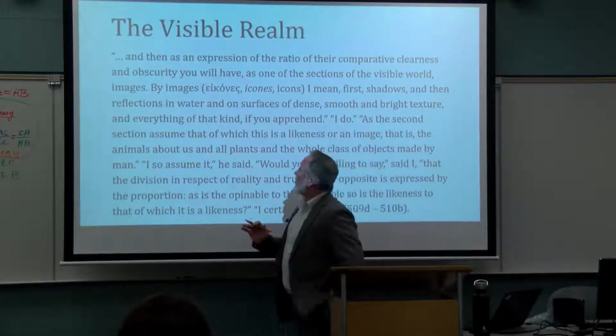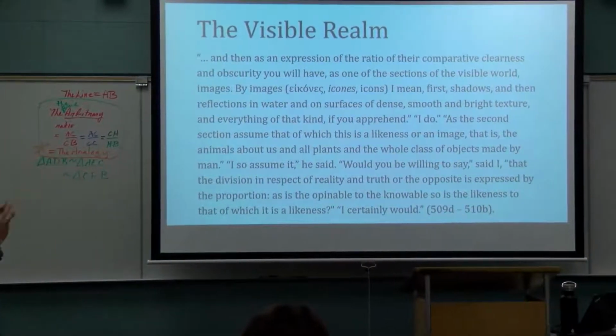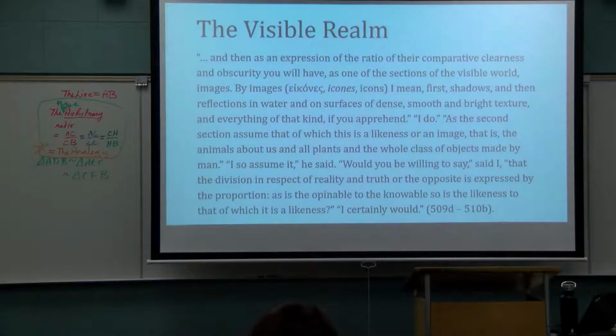And so in the visible realm, we want then, as an expression of the ratio of the comparative clearness and obscurity, you will have as one of the sections of the visible world images.